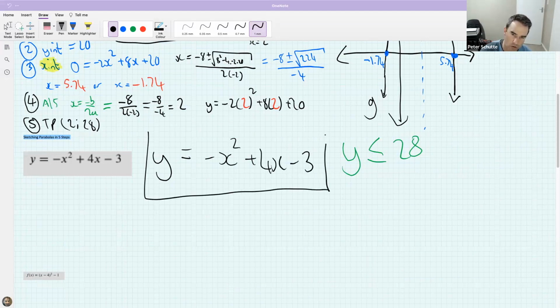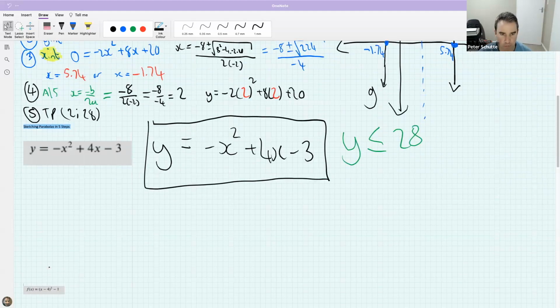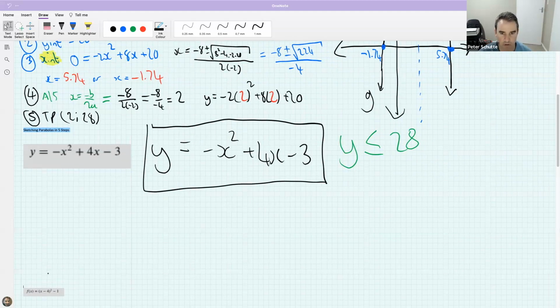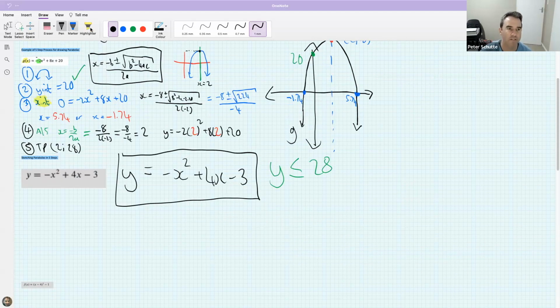I want you to do the 5 steps, and then I want you to try and draw the graph for me. And I want to see how much you can remember from before the break. And I will leave the other question up on the screen so you can kind of see it. But remember that we're now focusing on doing 5 steps for this one. Okay, off we go.